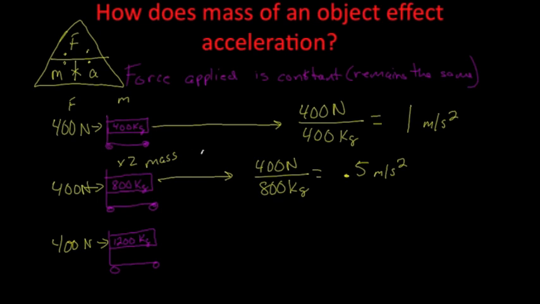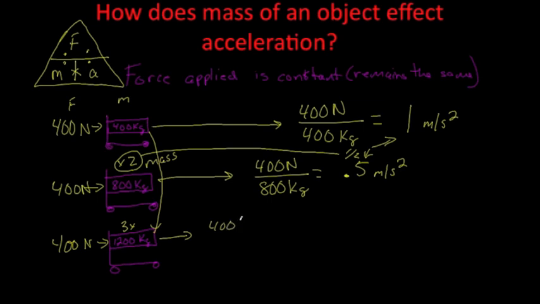Now, notice we doubled the mass. We have half the acceleration. If we triple the mass, so if you look, 1,200 kilograms is 3 times more massive than 400 kilograms, you're going to get 1/3 of the acceleration.